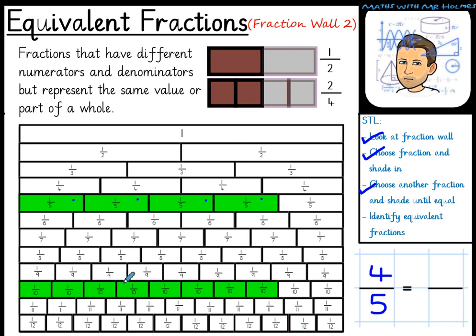And our second fraction was tenths, where we had 1, 2, 3, 4, 5, 6, 7, 8 tenths, or 8 out of 10 equal pieces. We've identified equivalent fractions. We have 4 fifths is equivalent to 8 tenths.